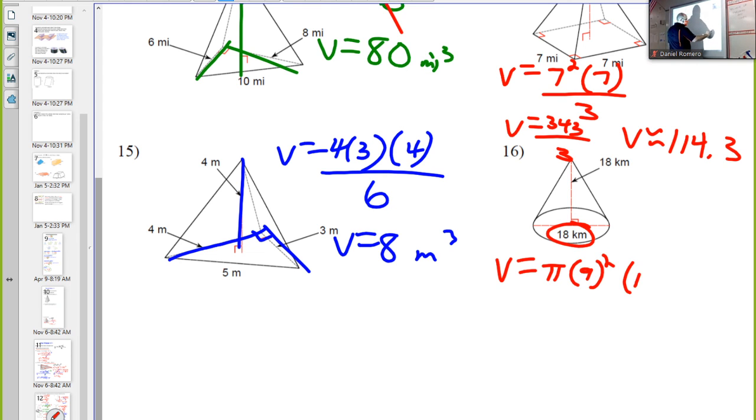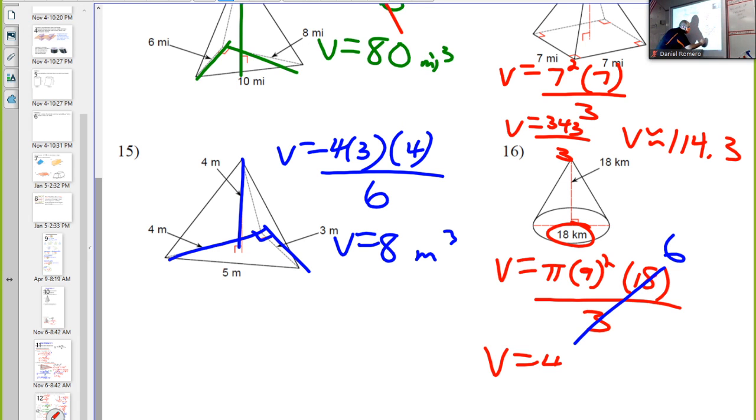Height is 18. I know this will give you 6. So if I just do 81 times 6, 486 pi. Now, Jason, Ferris, whoever else, if you want to round, let's go. What is that rounded? 1526 points.